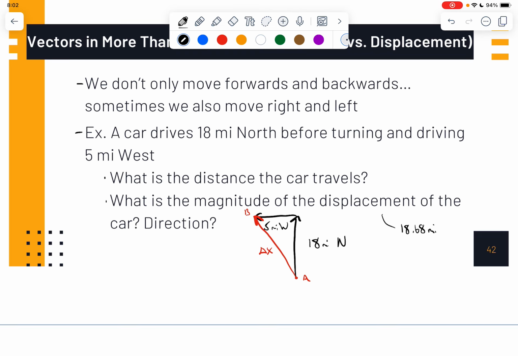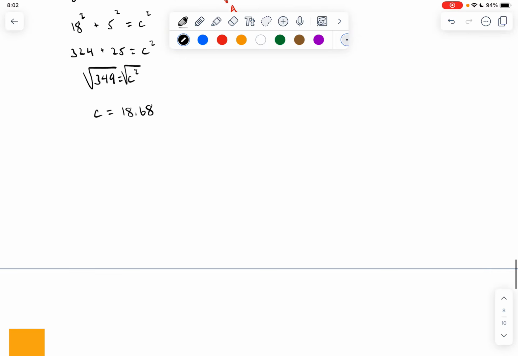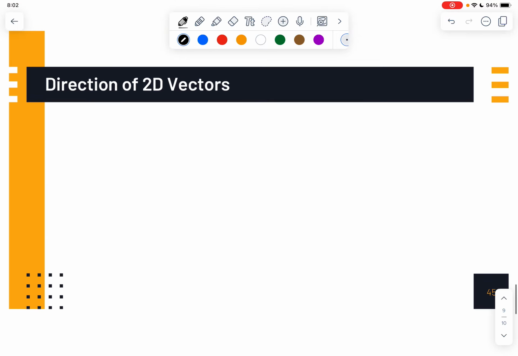The last thing we then have to do is figure out our direction. In finding our direction, we're going to think about our compass rose.